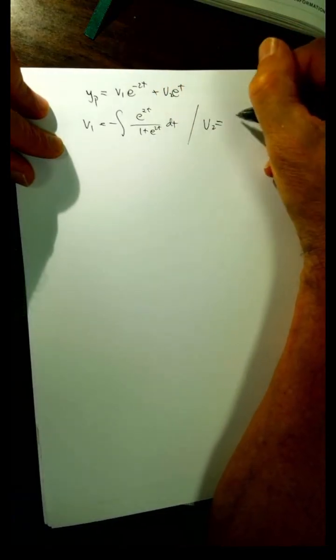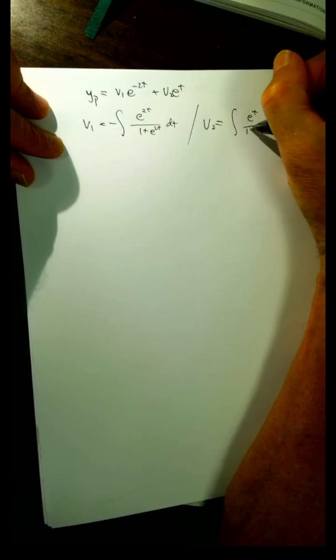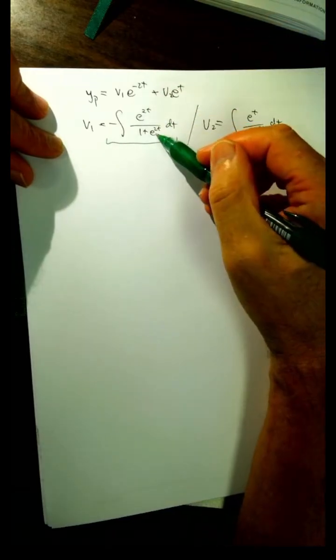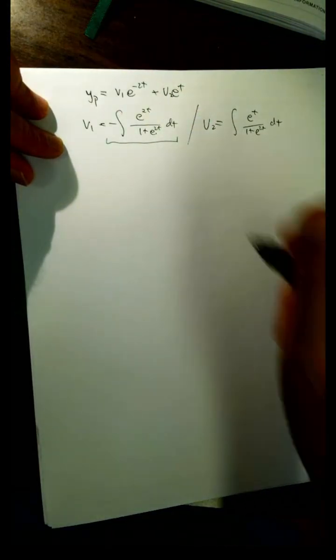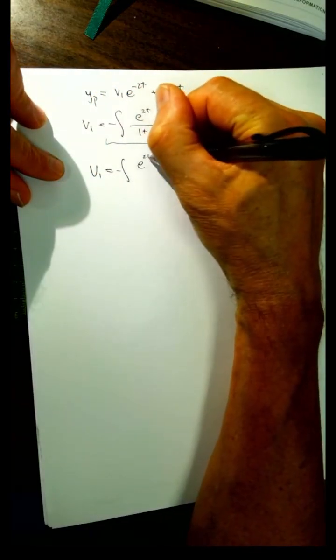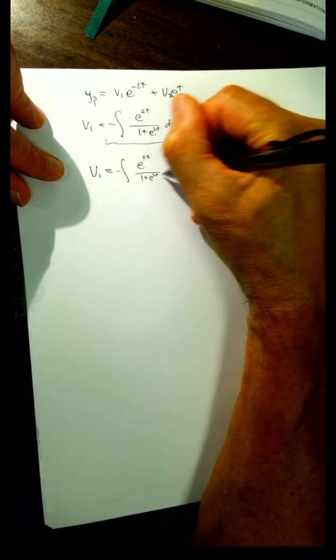And v2 is the antiderivative of e to the t over 1 plus e to the 2t dt. I think this one's easier because I see a derivative of e to the t hanging out. So let's do this.